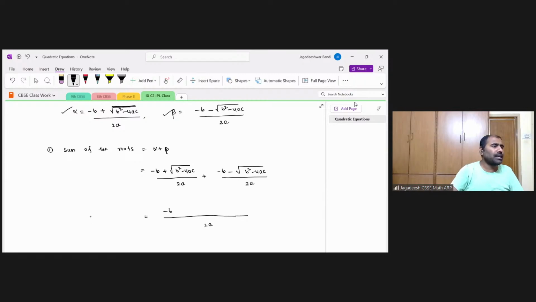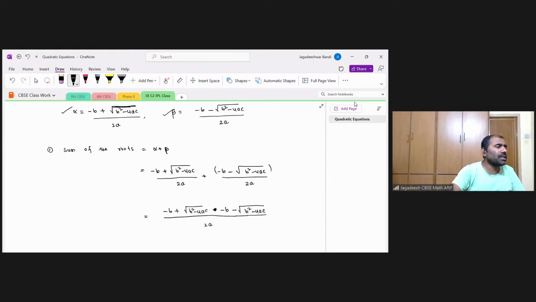So the numerators are -b + √(b² - 4ac), plus, again, plus into minus. Children, please observe carefully. Plus into minus is minus. So this is -b - √(b² - 4ac).